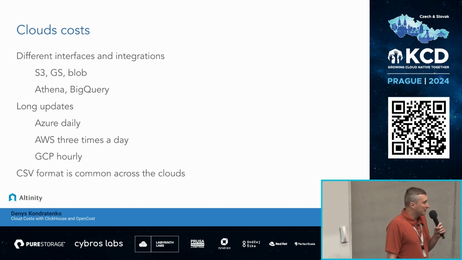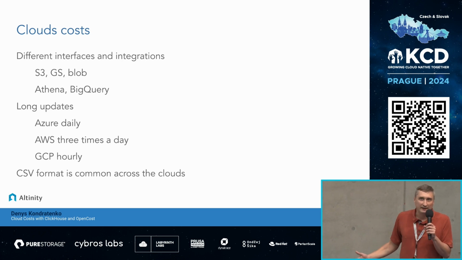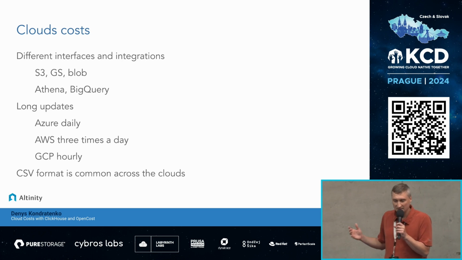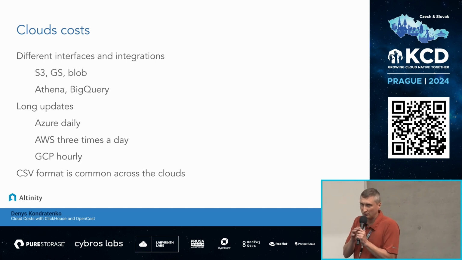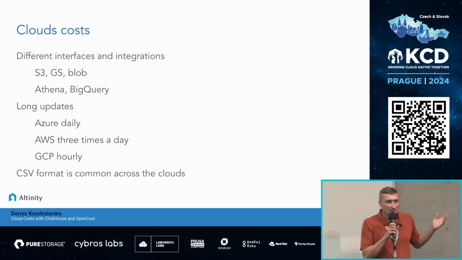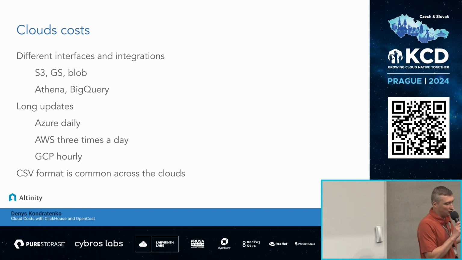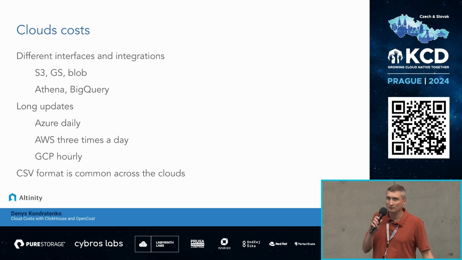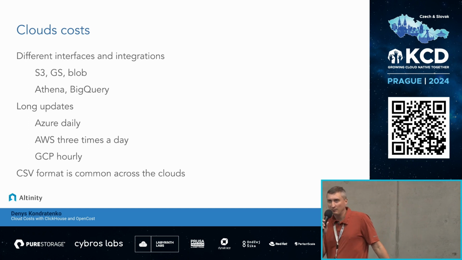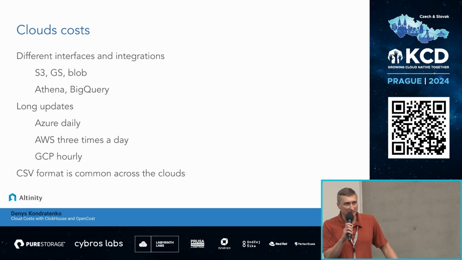Another challenge is how often they export those costs. And this differs from cloud to cloud. For example, AWS tries to do it like 3 times per day. Azure is doing it daily, and GCP, I think it's hourly, but I'm not sure actually. We import those costs once in 6 hours.